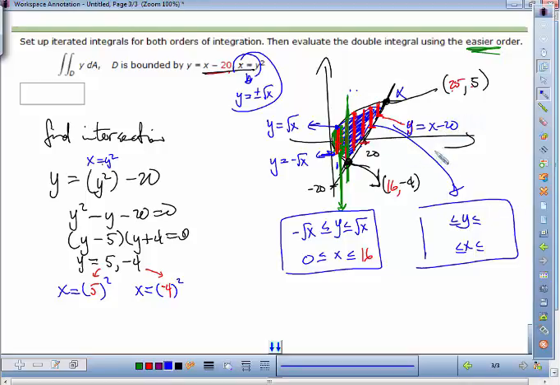So y is equal to x minus 20 is the lower limit. And then the upper limit is y equals what? Square root of x, the positive one, right? What are my x limits? More importantly, they are constants.